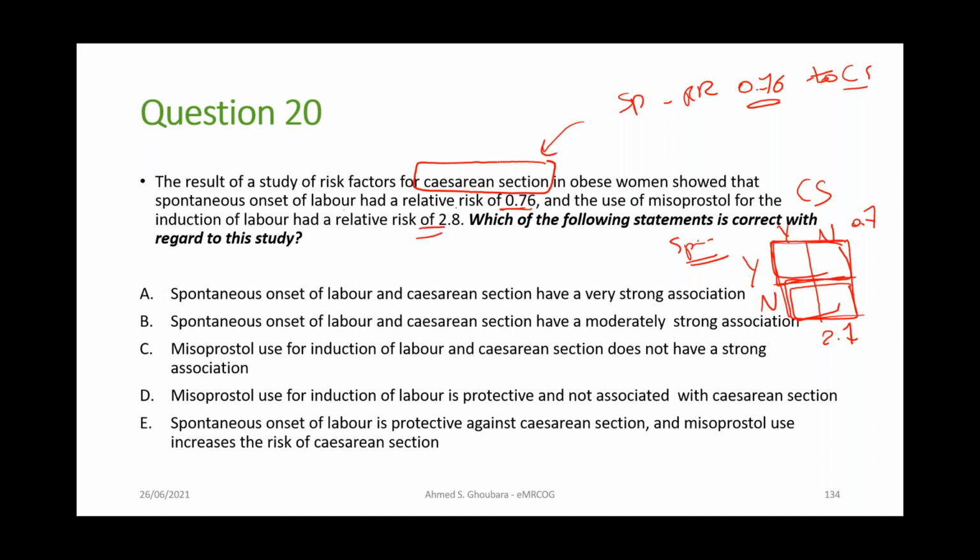If you're using misoprostol, this is what it tells. It can be interpreted this way: the use of misoprostol puts the patient at 2.8 times higher risk of cesarean section, and having spontaneous labor puts the patient at about 25% less risk of cesarean section. So is this clear? Yes, this is the correct answer.